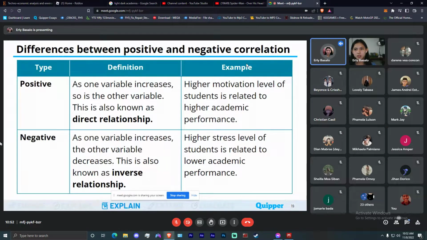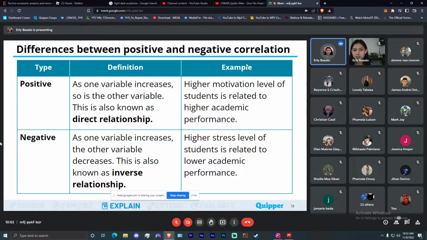Okay, we have the differences between positive and negative correlation. Positive, the definition: as one variable increases, so does the other variable. This is also known as direct relationship. For example, higher motivation level of students is related to higher academic performance. So it is a positive type since if we have higher motivation level of students, we come up to higher academic performance.